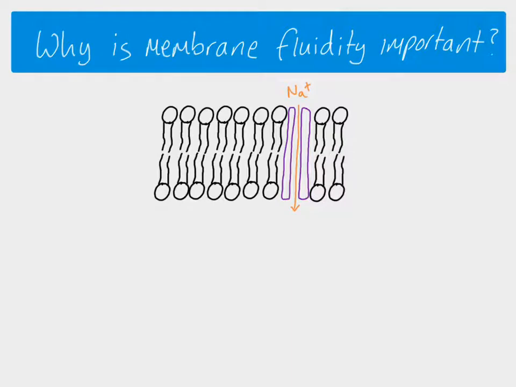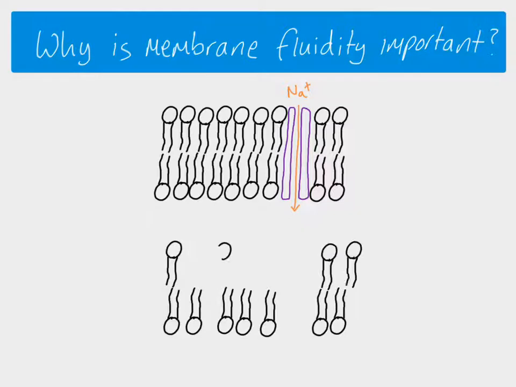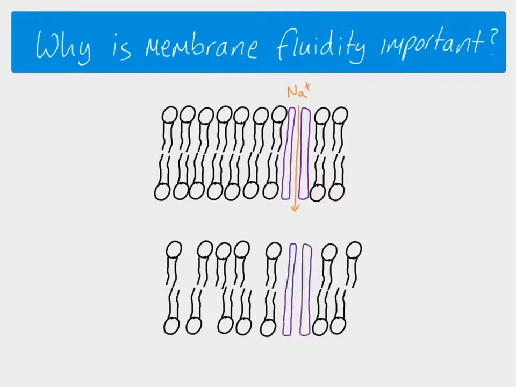Now let's contrast that with a situation where we have a membrane where the phospholipids are not arranged quite as neatly and tightly together. So if we had instead a bilayer that looked a little bit like this, you can see that there are much bigger gaps here. We've still got our channel protein, which means that sodium ions are still able to move through.